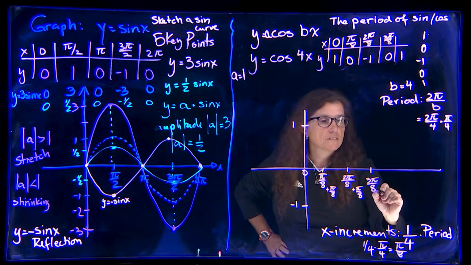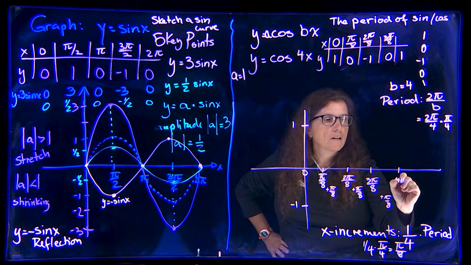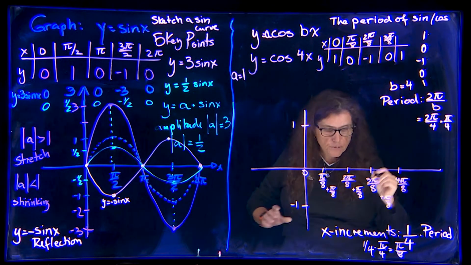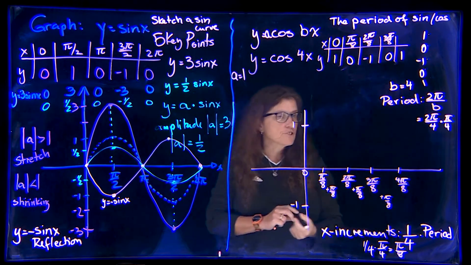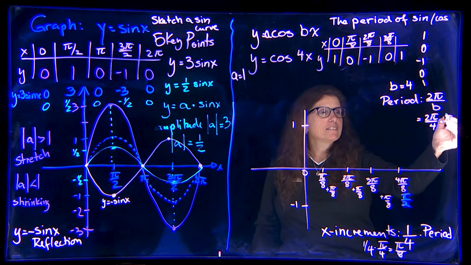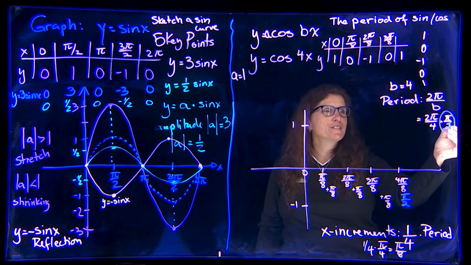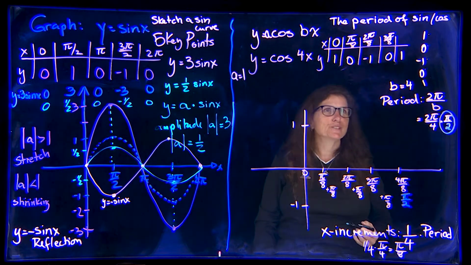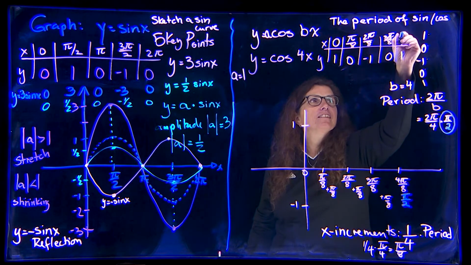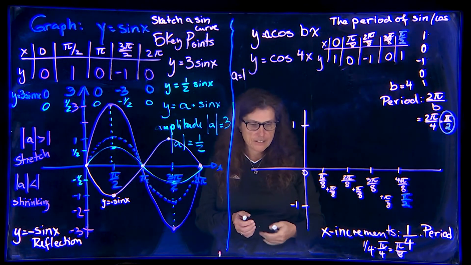And if we add another pi over 8 to it, we get 4 pi over 8. Now this one I want to reduce because I want to show you something. 4 pi over 8, if you reduce it, is pi over 2, and that is what we got when we found the period: 2 pi over 4 is pi over 2. And again, you can leave it as 4 pi over 8.